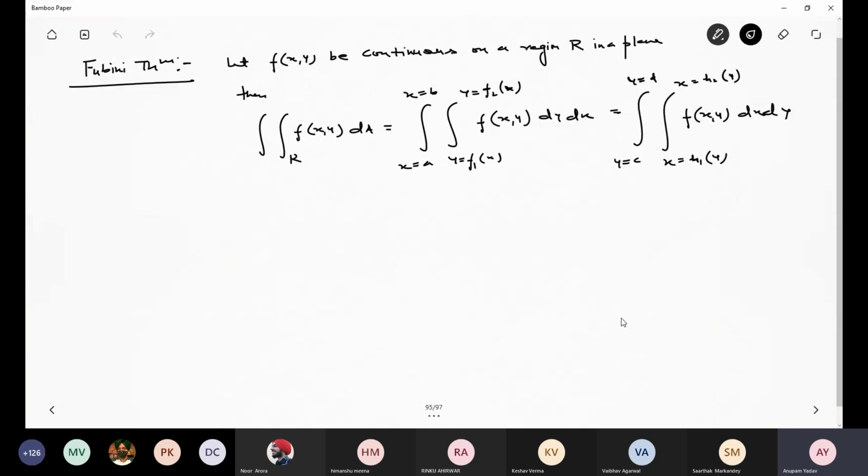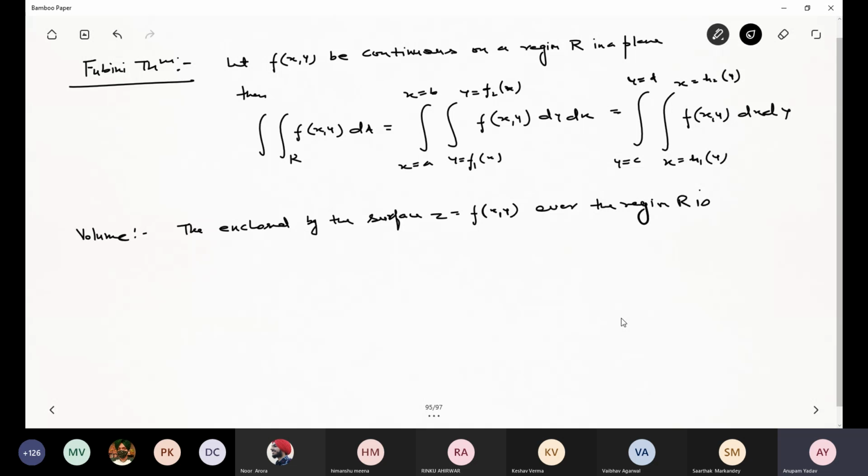So we can write a formula: the volume enclosed by the surface z equals f(x,y) over the region R is the double integral over the region R of f(x,y) dA. And for dA you can choose any particular order.